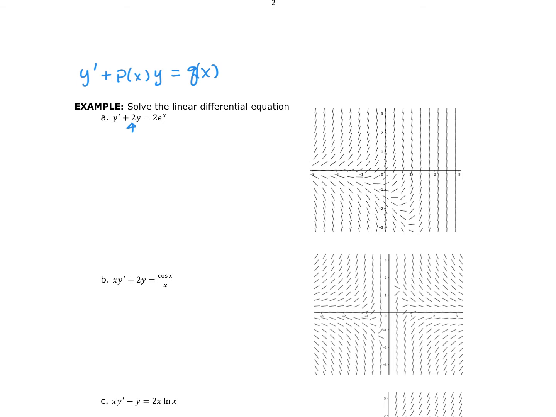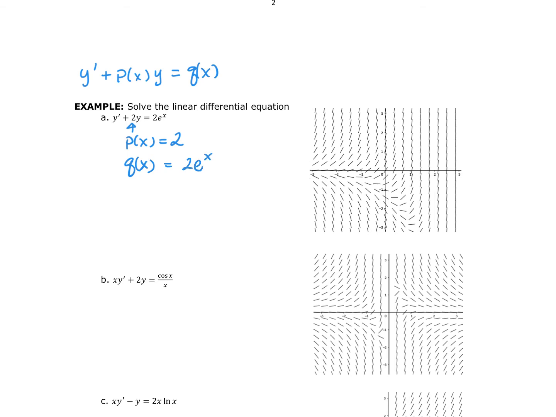And I also see that my y prime is isolated. There's nothing besides y prime. There's not a 2 or an x or anything like that. So then a good choice for p of x is 2. And then q of x would of course equal 2e^x.